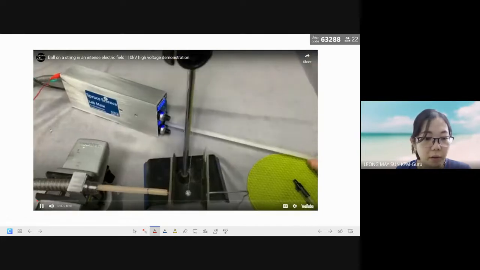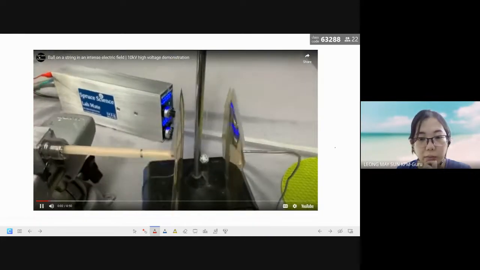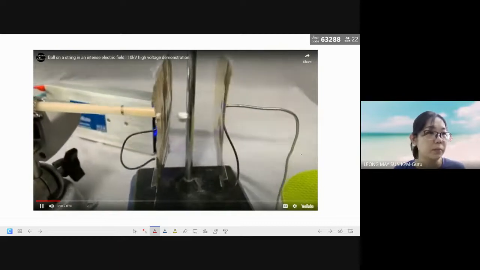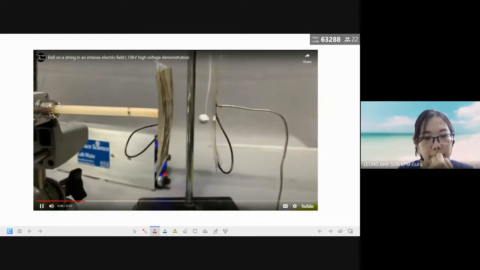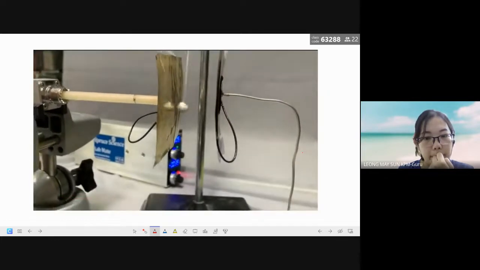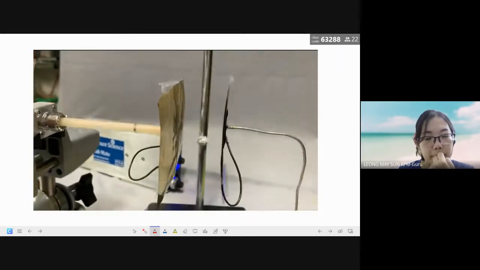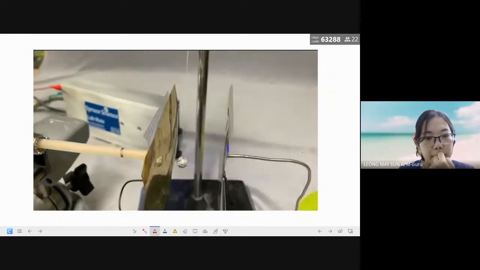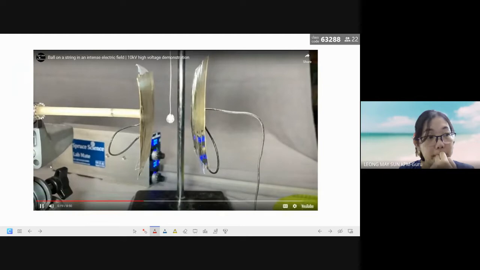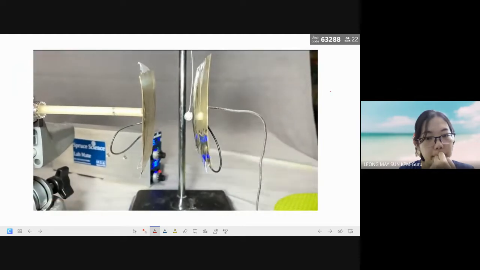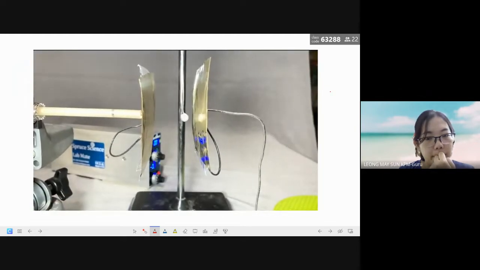In this experiment, you will see a metal ball hanging on a string. The ball is electrically floating and is placed between two plates. 10 kilovolts is applied to one plate, while the opposite side is grounded. Under the intense electric field, the aluminum ball is attracted by the positive plate.